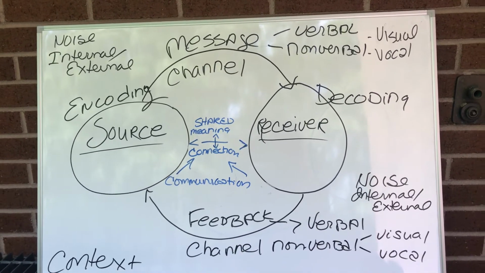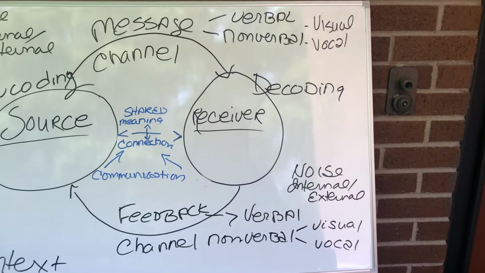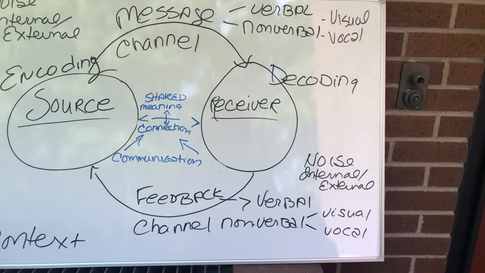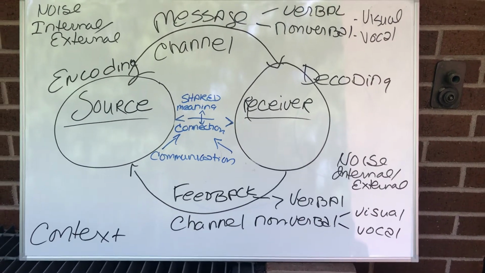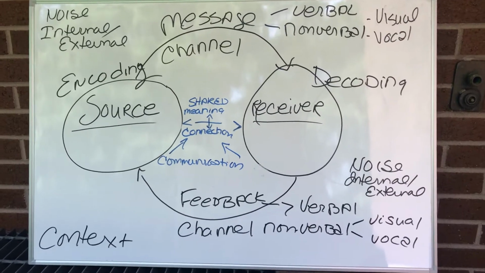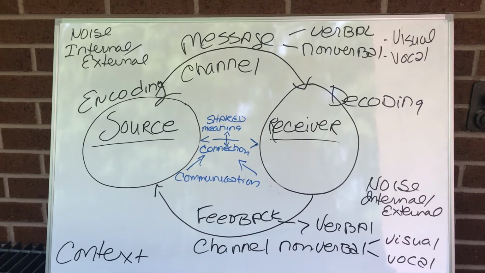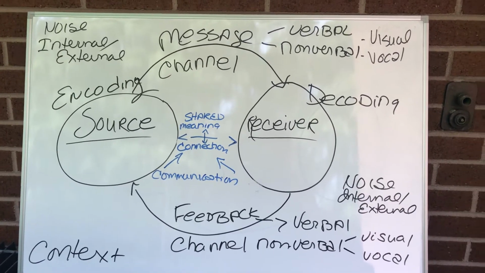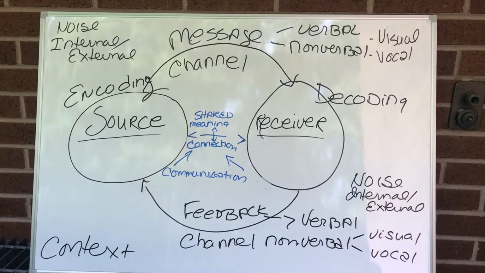And also another term that is not on this model, but you'll see sometimes in literature, is the term worldview. They say so often we do not understand that each human being in this experience has their own perceptions, their own experiences, and their own worldview. And a lot of the ways that we encode our message, even what I'm doing right now, and the way you're decoding it, depends so much on that element.